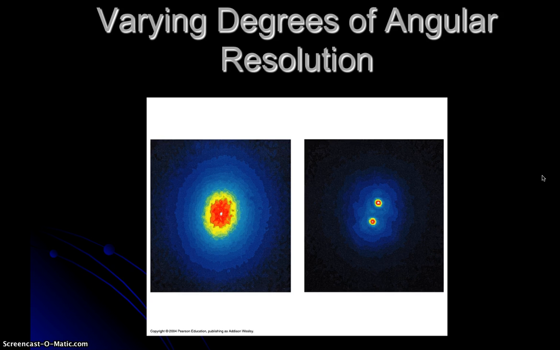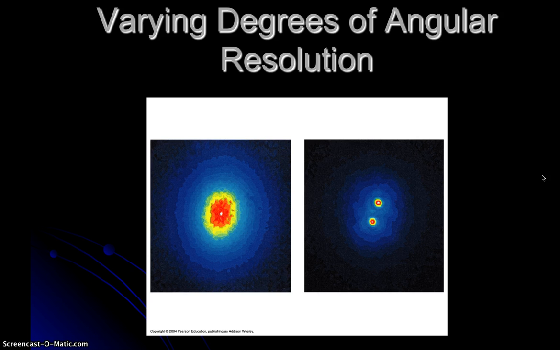In the right-hand picture, we actually see that we are looking at two distinct objects that are relatively close together. So, the left-hand picture has a poorer angular resolution compared to the right-hand picture. The better angular resolution allows us to see objects that are very close in the sky as two distinct objects.